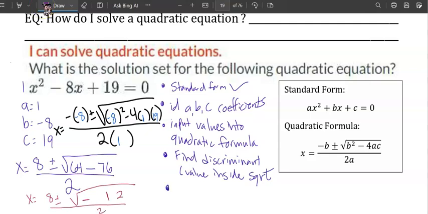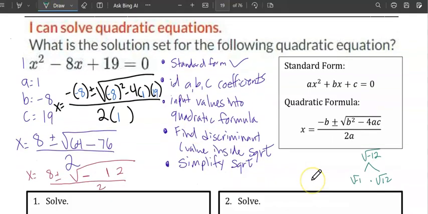So the next step, we want to simplify the square root. We'll do that over here. The square root of negative 12. We can pull out negative 1 times 12. And 12 is 4 times 3.